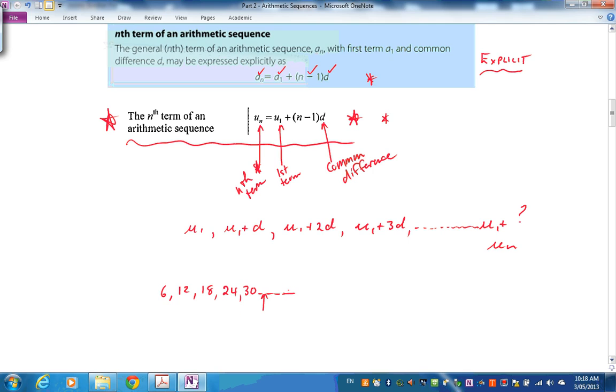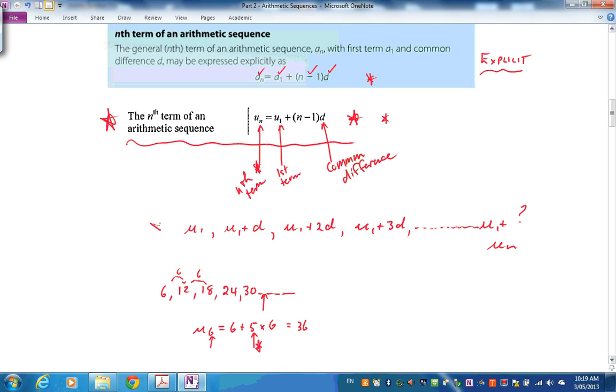We said that the sixth term here, so let's call it u_6, was 6 plus 5 lots of the common difference, and our common difference here was 6 every time. So here, although it's the sixth term, you are adding on only 5 lots of the common difference, and we got the right answer, 36, using that explicit, go-straight-to-the-term approach rather than recursion.